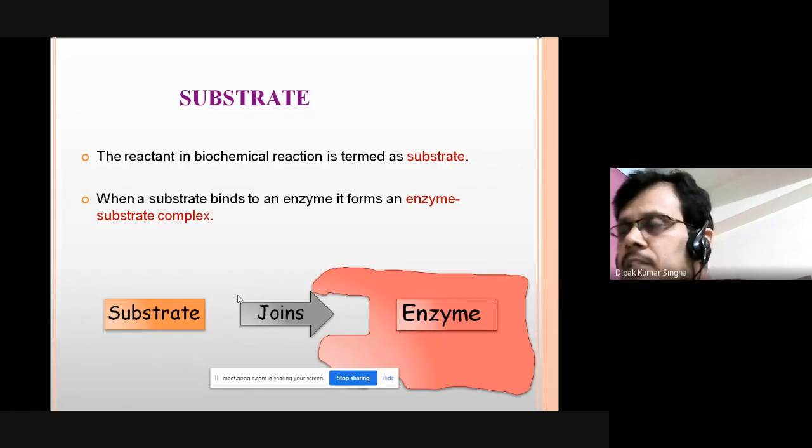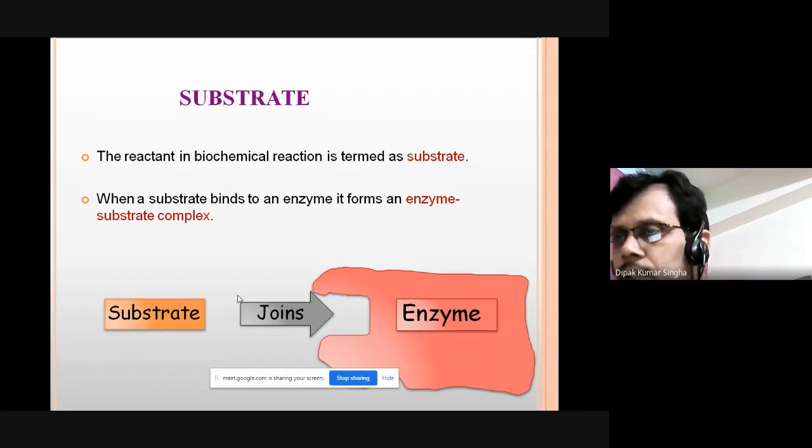Next, the substrate. What is substrate? Enzymes act on particular substances, and this substance is nothing but a substrate. Some enzymes act on some compounds, for example amylase always acts on carbohydrate-like substances.